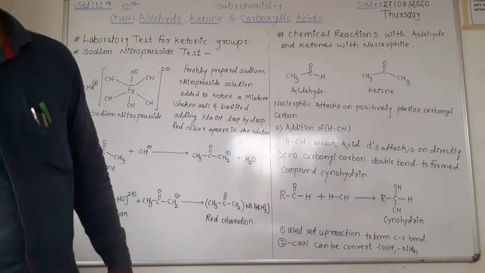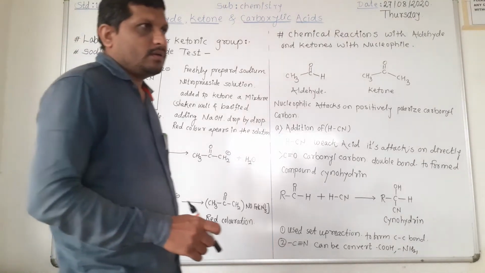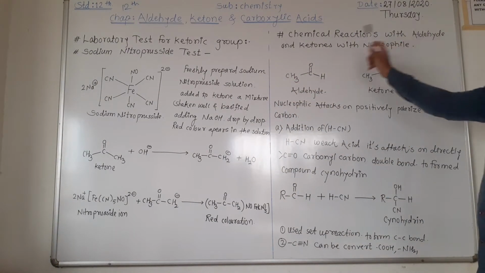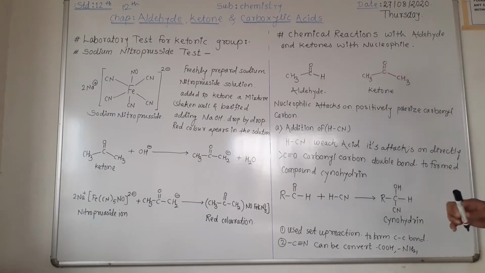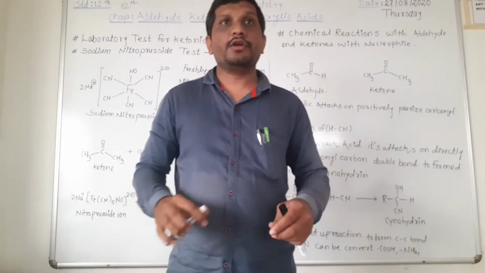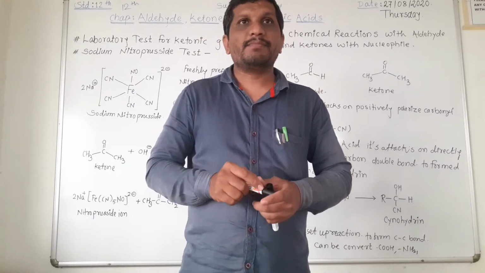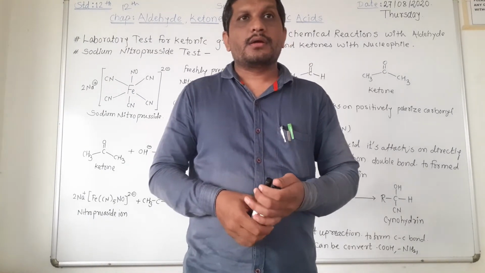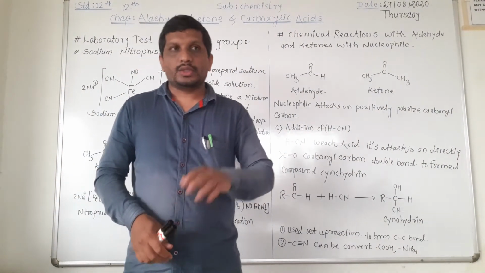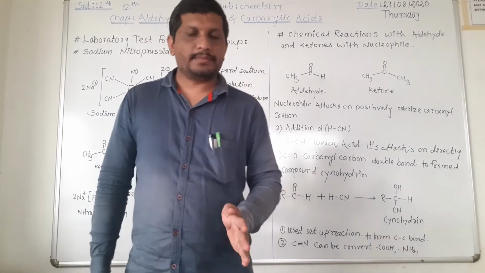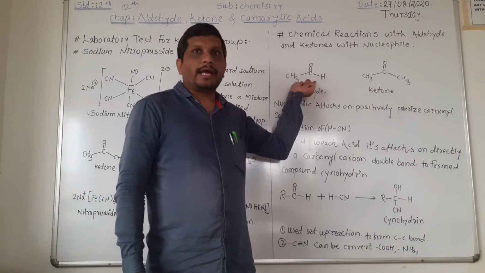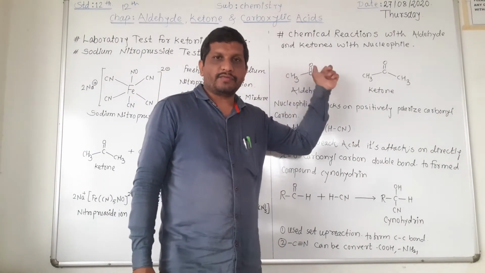Now next, we see the chemical reactions of aldehydes and ketones with nucleophiles, and we know that generally nucleophilic additions take place at electrophilic compounds, where the strongly electrophilic carbon is attacked directly by the nucleophile.